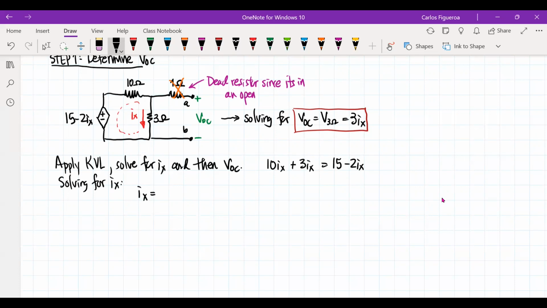So that's got to give me 1 milliamp, which then tells me that VOC is 3IX. So it's going to be 3 volts. So now the next thing I have to do here is that I can determine a short circuit.